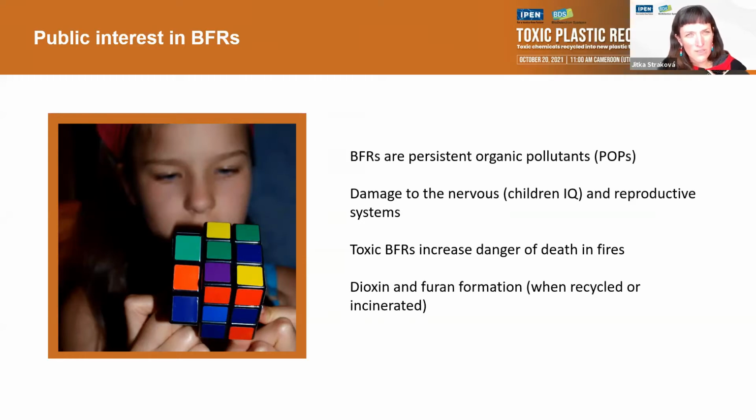They are able to be transported for long distances far from the places of their origin. They are found in the Arctic. They are responsible for many adverse health impacts. They can damage nervous, reproductive, and immune systems, and they can also decrease children's intelligence. Brominated flame retardants also have the potency to increase the danger of death in fires.